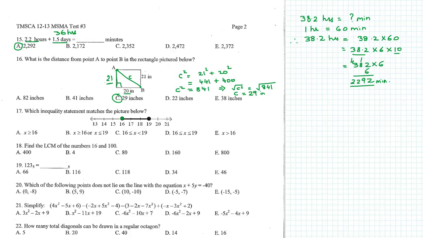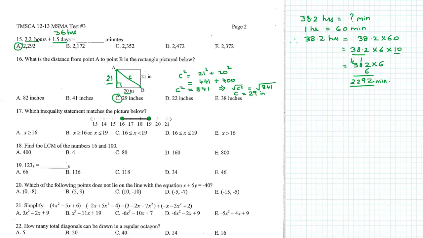However, in this case, we have a solid circle on 16 and a solid circle on 19. So that means these two numbers are included. And then we have a dark line between 16 and 19. So that means that all the numbers between 16 and 19, including 16 and 19, are in the range.